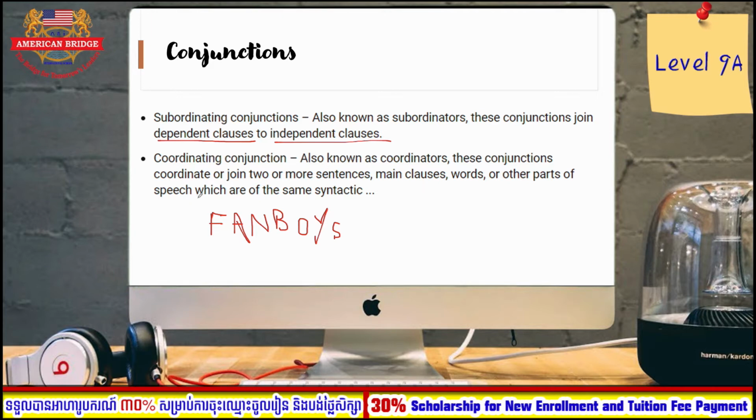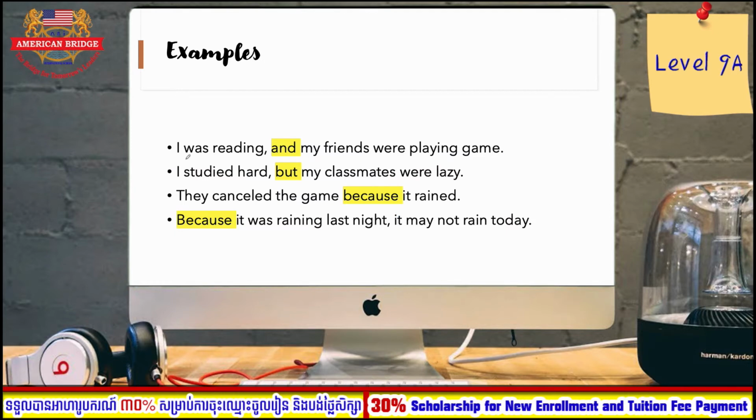The important thing to keep in mind is that they have the same syntactic structure. I was reading is a subject-verb structure, and my friend was playing games has the same structure, and it is also in the past tense. Another example: I studied hard, but my classmates were lazy, right?